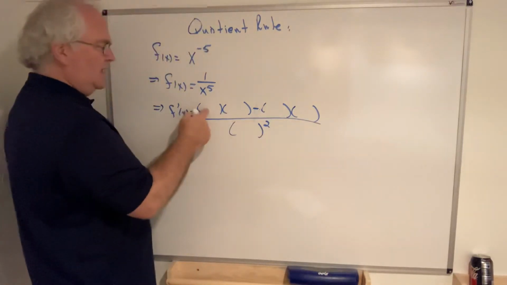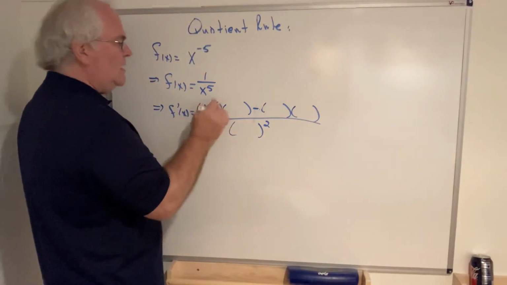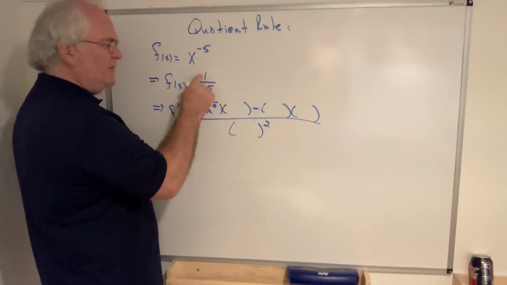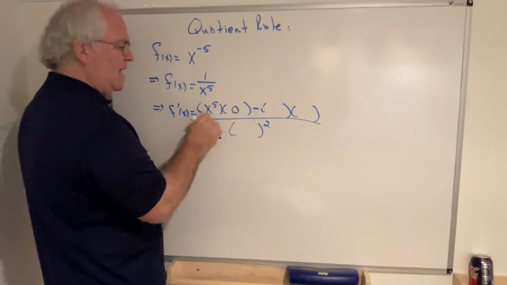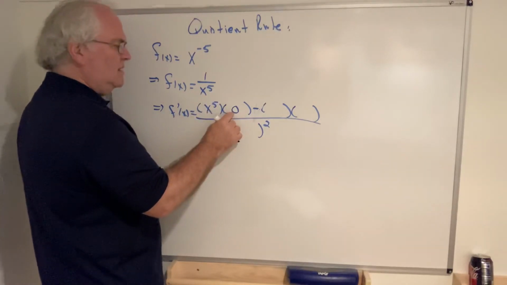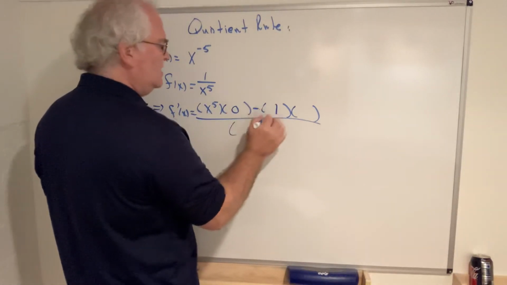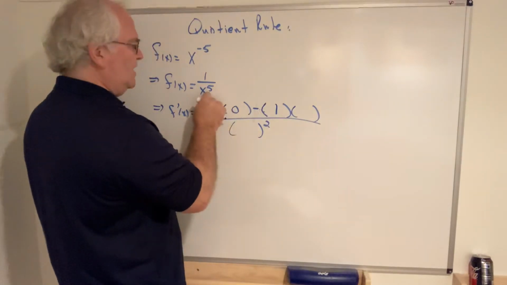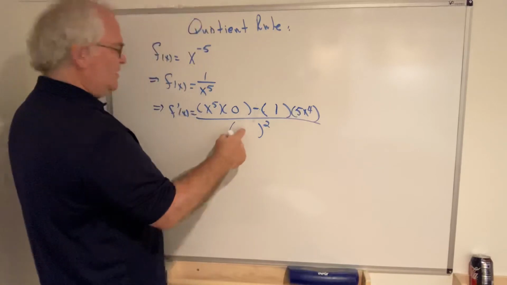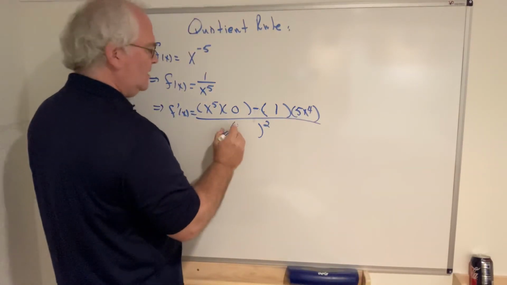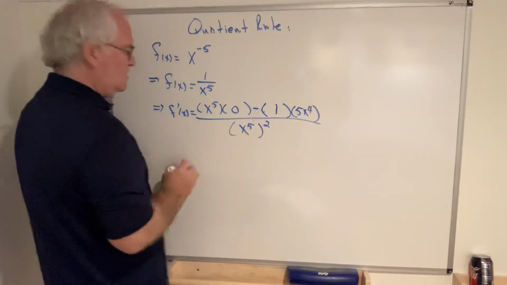All right, so that's denominator times the derivative of the numerator, but the numerator is a constant. The derivative of a constant is 0. Denominator times the derivative of the numerator minus numerator, copy, paste, times the derivative of the denominator all over the denominator squared. This is x to the 5th quantity squared.